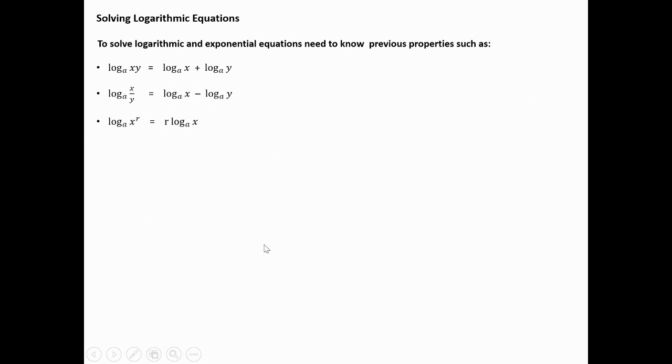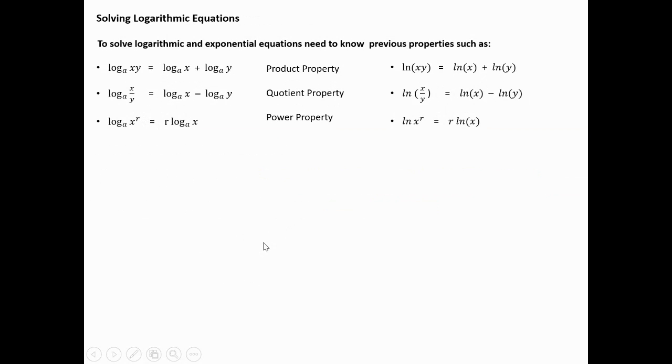Okay, now solving logarithmic equations. To solve logarithmic and exponential equations, you need to know the previous properties again: the product property, quotient property, and power property of the logs and natural logs.